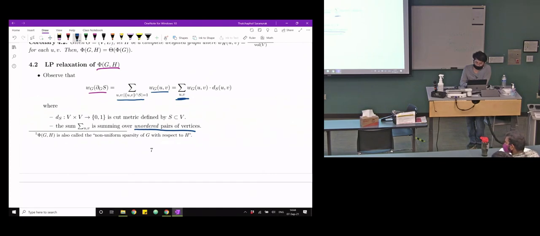And then you look at the weight of this pair. The weight can be 0 if the edge is not in the graph. So you just define the weight of UV to be 0 if UV is not an edge in the graph.